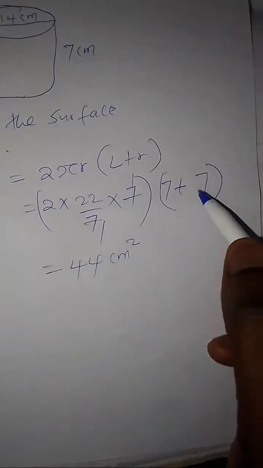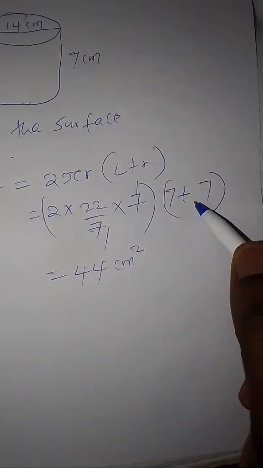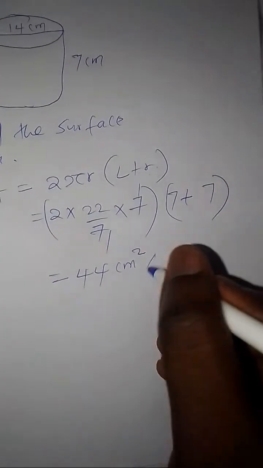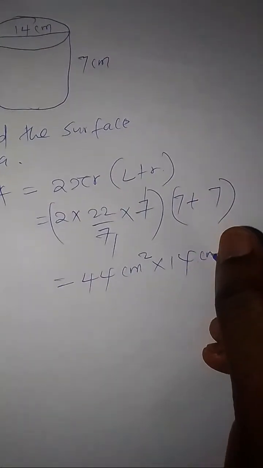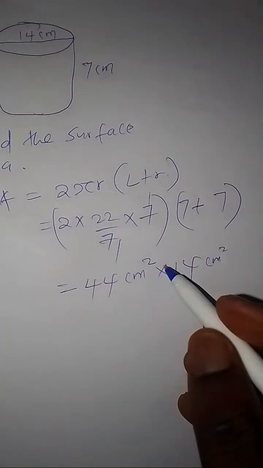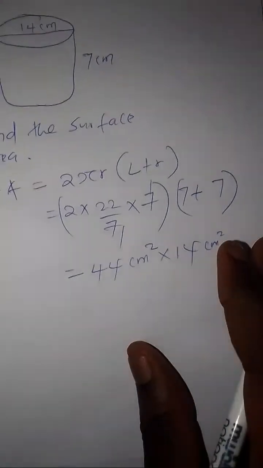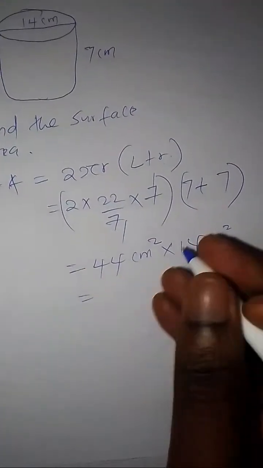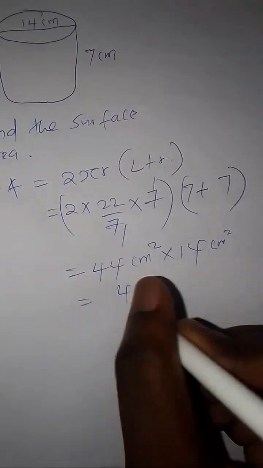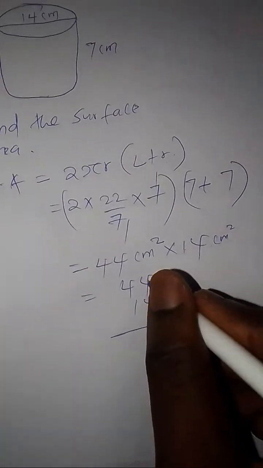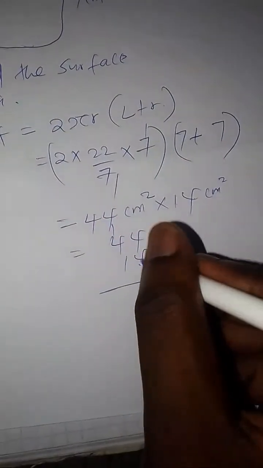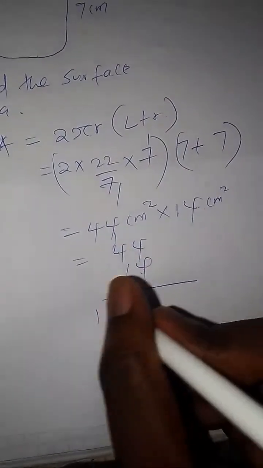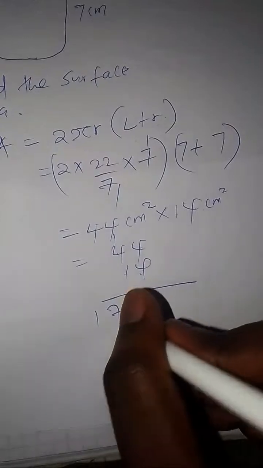Then we shall have this side, L plus r, that is 7 plus 7, and we shall have 14. So we shall take 44 centimeters squared multiplied by 14, and from there we shall have calculated the surface area. Let us work it out together. 4 by 4 is 16, so we shall have 6 carry 1. 4 by 4 is 16 plus 1 is 17, so 176. 1 times 4 is 4.